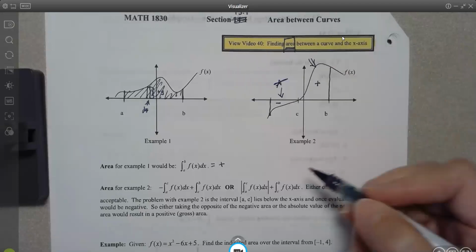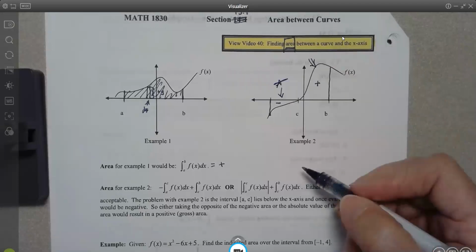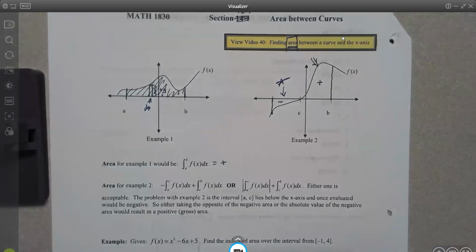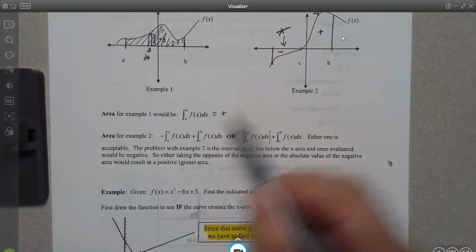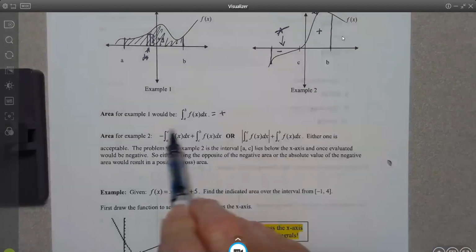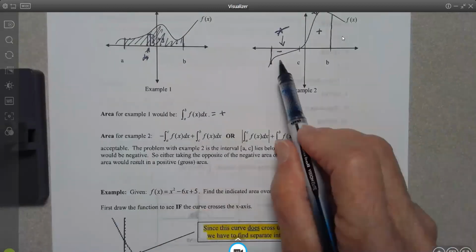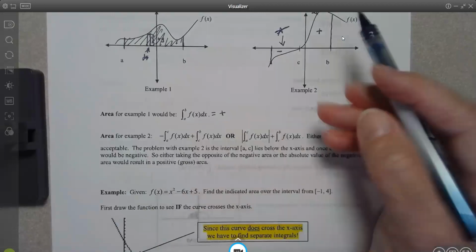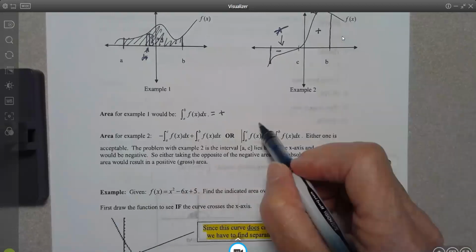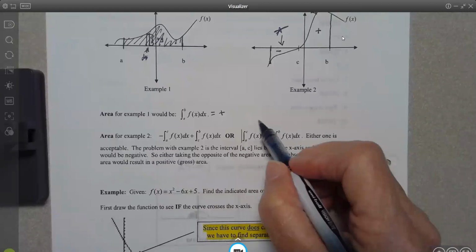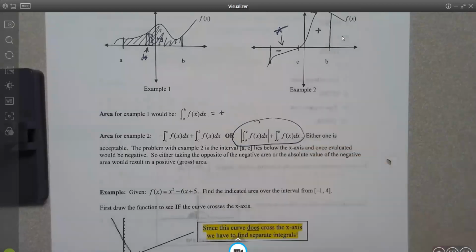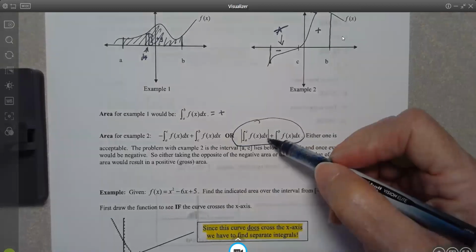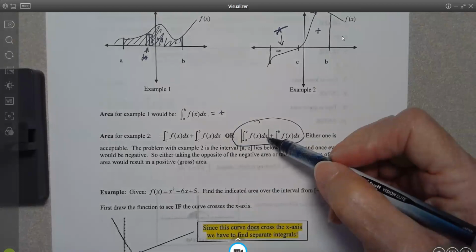And there's a couple of ways I could do it. One way, if I go from A to C, and if I multiply my answer by negative, that would make that particular area a positive. The other way, which I do like, and I'll show you why in just a bit, is if I take the absolute value. If I take the absolute value, that would make any negative part positive.